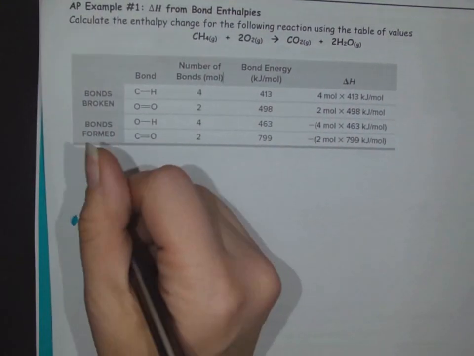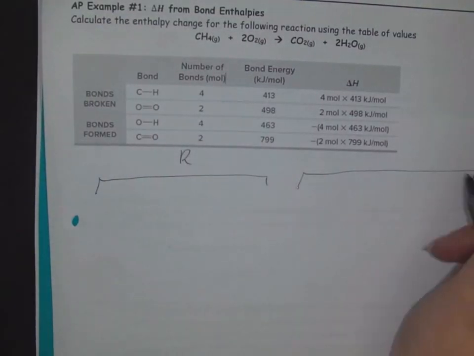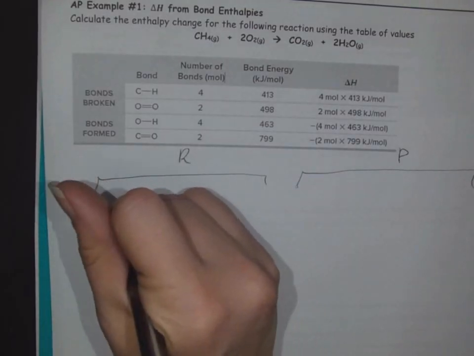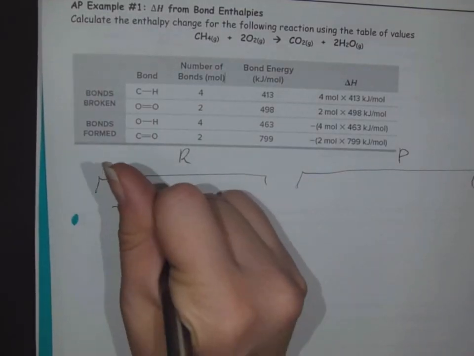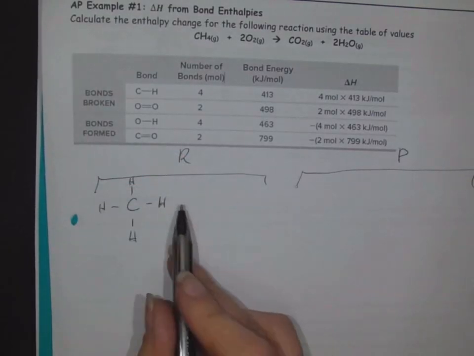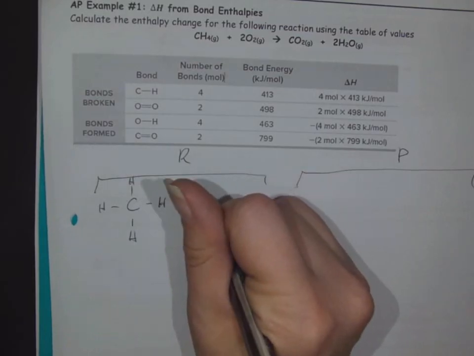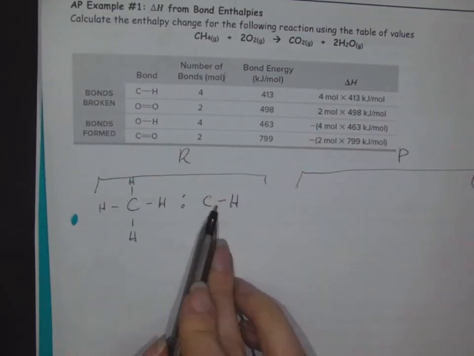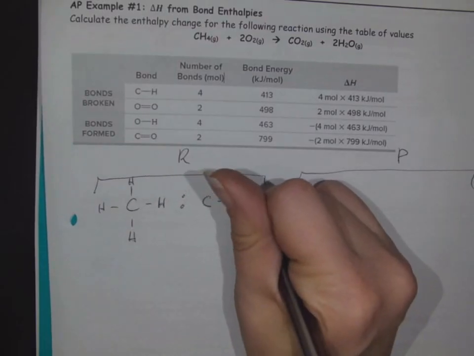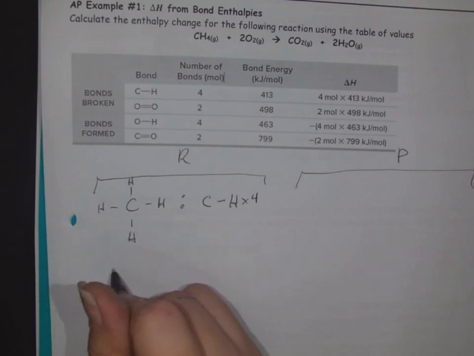We are going to take our reactants. Okay. And then we got our products over here. So it's a CH4. If I look at this, I have a carbon bonded to a hydrogen, this bond, and it happens 4 times. So there's 4 of those. And then I have 2 O2s.